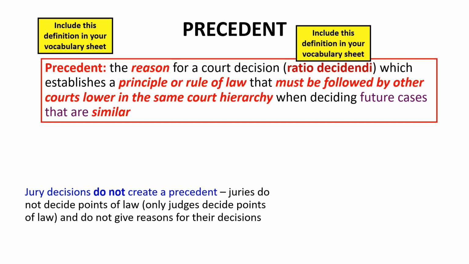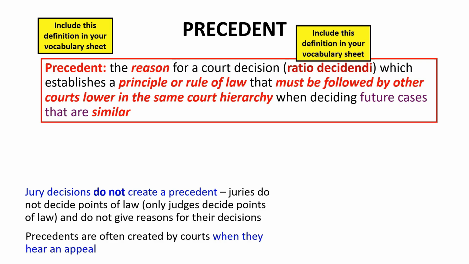It will then be for the higher court to decide what the correct law is. In deciding what the correct law is, that is, in deciding what principle or rule of law should be applied, the higher court will be creating a precedent. This is why we say that precedents are often created by courts when they hear an appeal.